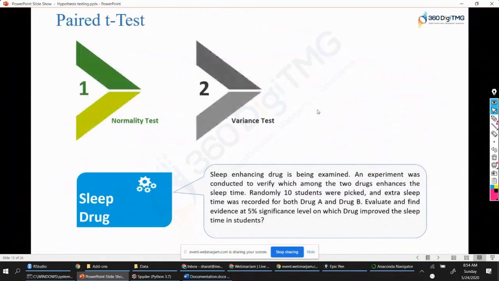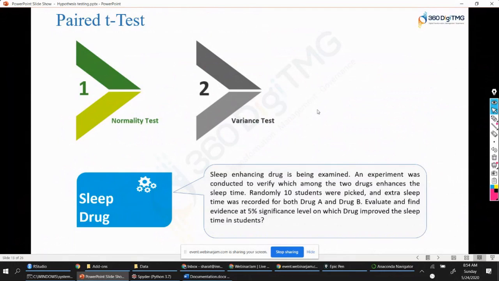The experiment was conducted in a way that they randomly selected 10 volunteers, you can say 10 students, and their extra sleep time was recorded when they were given drug A and drug B, right? And we need to find out if any evidence is there to find out which of these drugs is improving the sleeping patterns in the students.